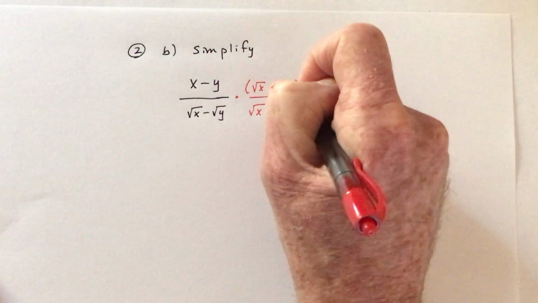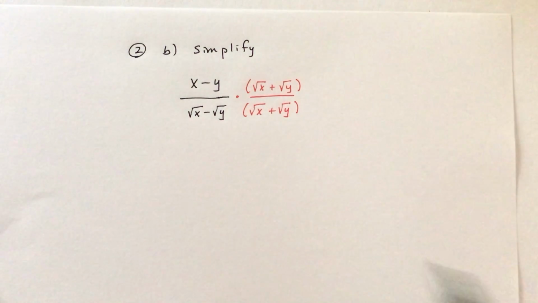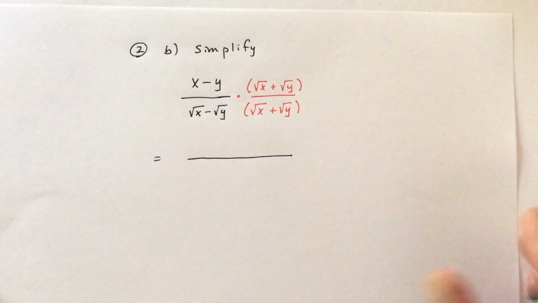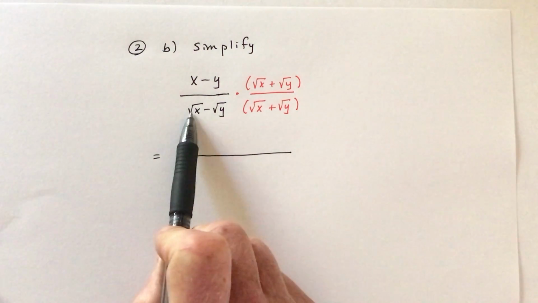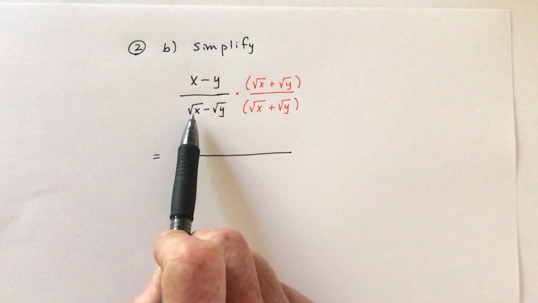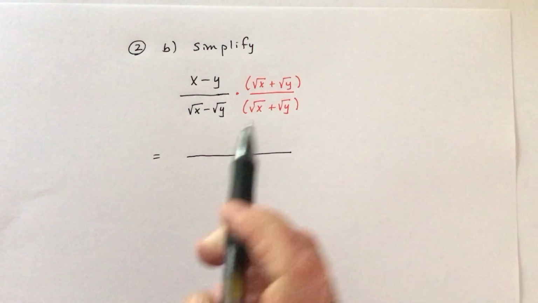I guess I could even put parentheses to emphasize that I'm multiplying. Okay, now on the bottom, when you multiply two conjugates together, it actually simplifies very nicely because there's going to be the first one times the first one. The square root of x times the square root of x is just x.